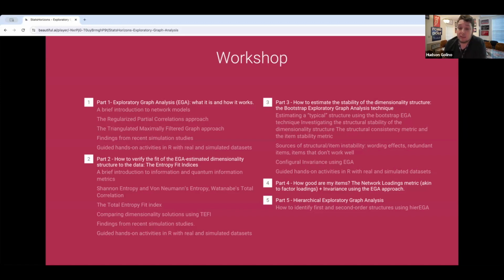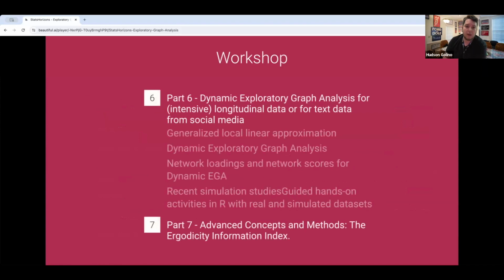The interesting thing is that in our generalized approach for exploratory graph analysis, basically every technique developed can be used in the previous steps. So I'm also going to show you how to do item and dimensionality stability analysis using hierarchical exploratory graph analysis, which is something extremely useful, as you see.